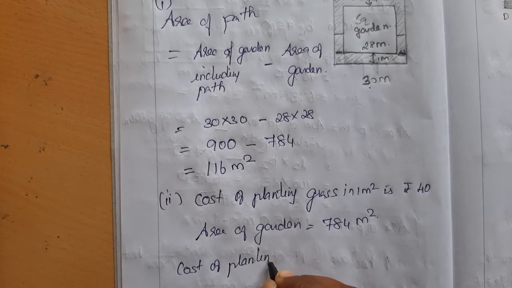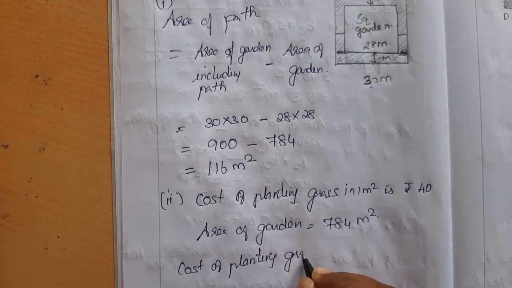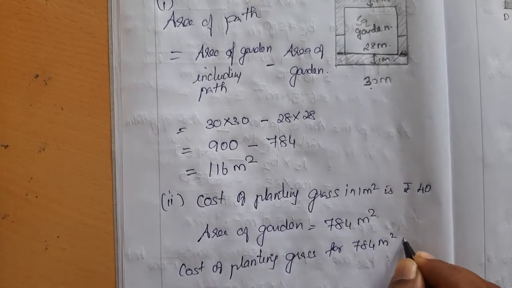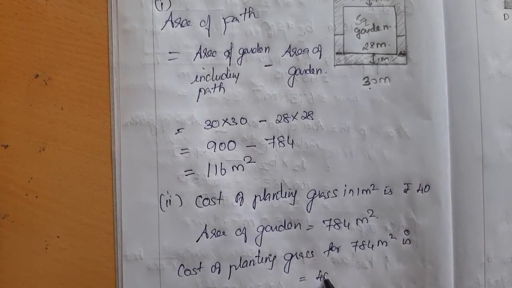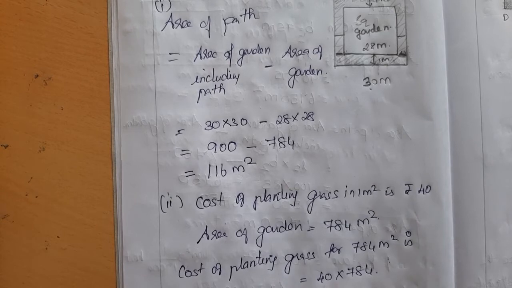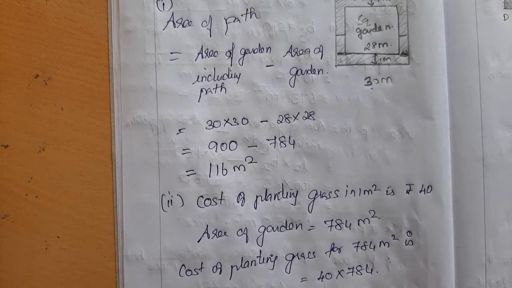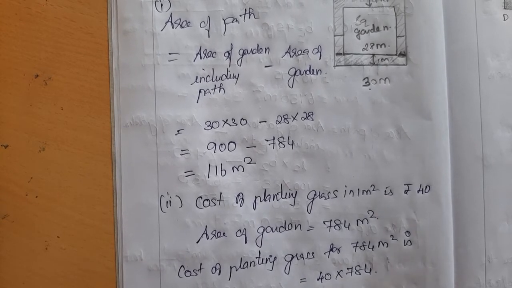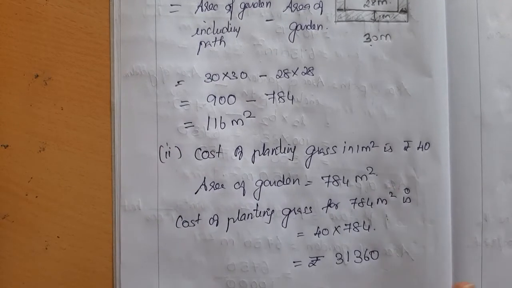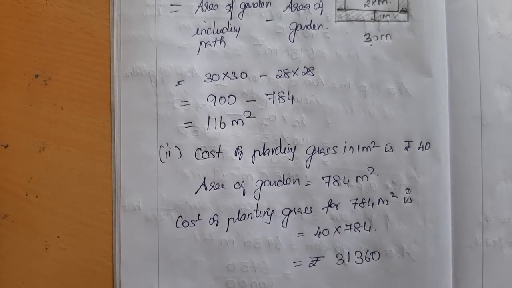Cost of planting grass for 784 meter square is 40 into 784. If you multiply, we will get 31,360 rupees. So it will cost 31,360 rupees to plant grass in that square garden.